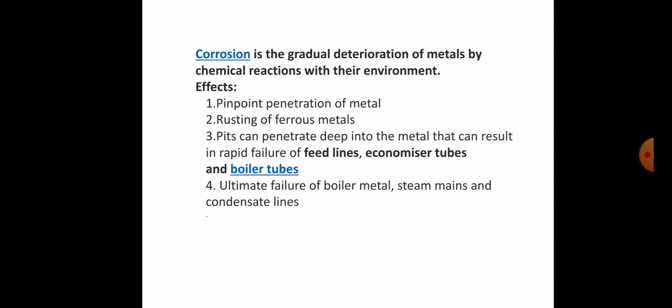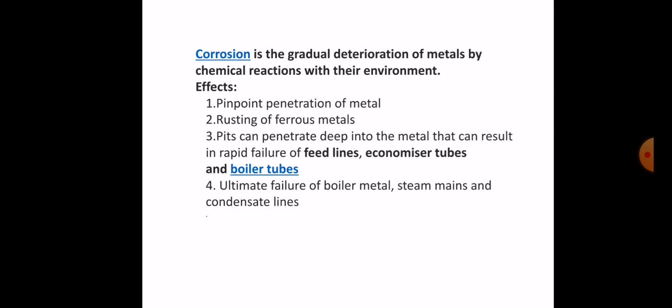We all know corrosion is directly affected by the environment. So what are the effects? Over here you can see, first, pinpoint penetration of metal, so the metal may deteriorate. Second, rusting of ferrous metal.